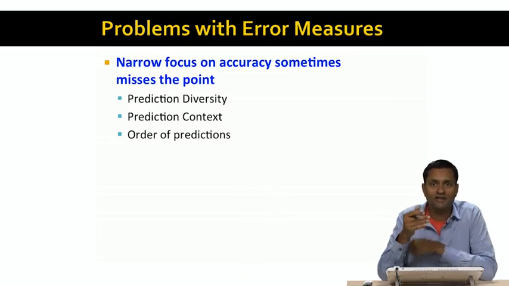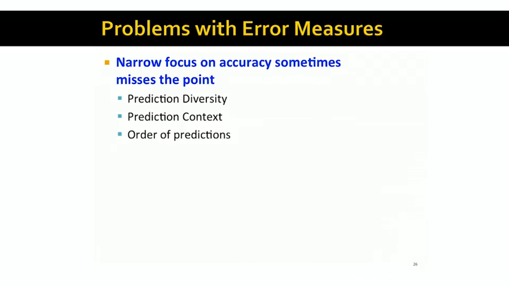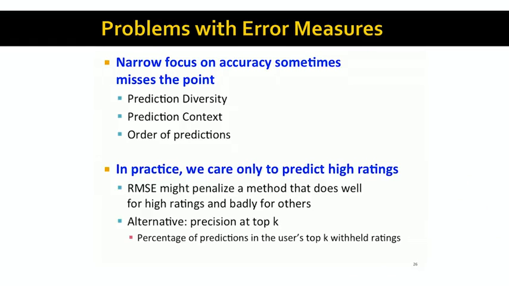Finally, the order of predictions also turns out to be hugely important. For example, when there's a series of books or movies, you want to recommend items that are earlier in the sequence ahead of items that are later in the sequence. Note also that in practice, we only care to predict high ratings.